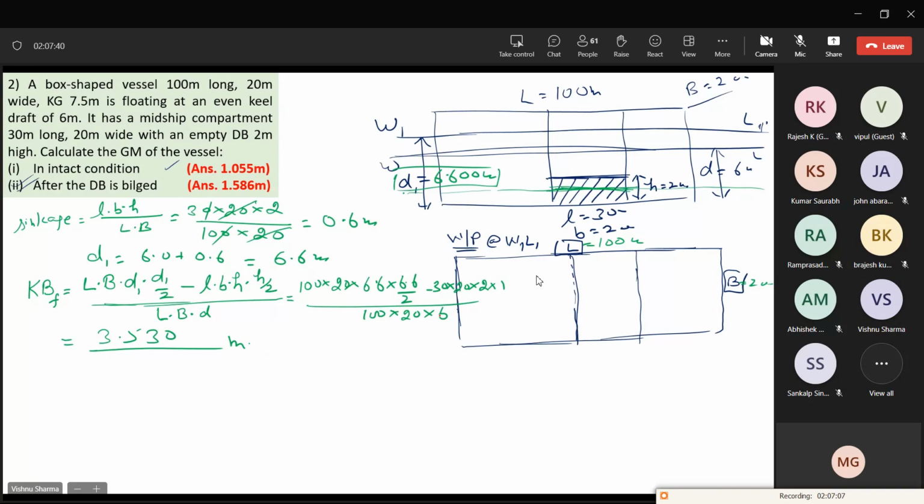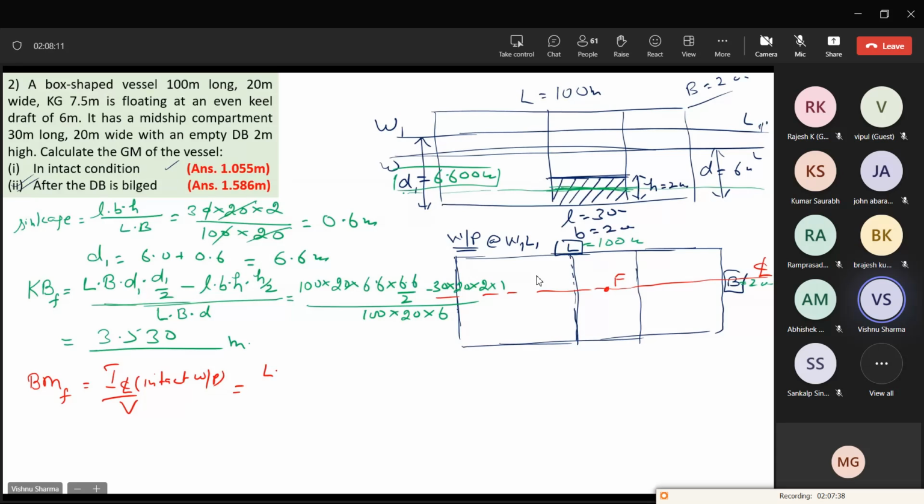Yes, let's go to the water plane area at W1 L1. It's fully intact. So where will be the center of flotation? Here. What will be the axis, the center line? I'm sure you'll agree. BM in the bilge condition, BM final will be ICL of intact water plane upon V. Fortunately, the full water plane is intact.